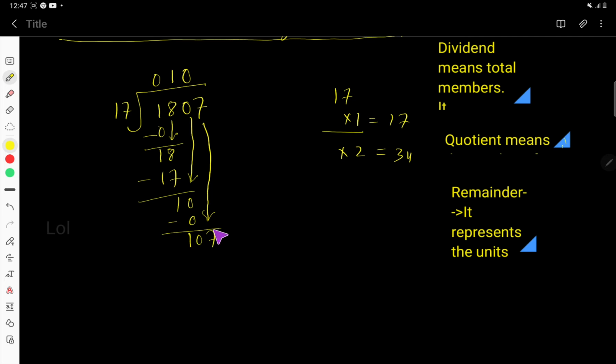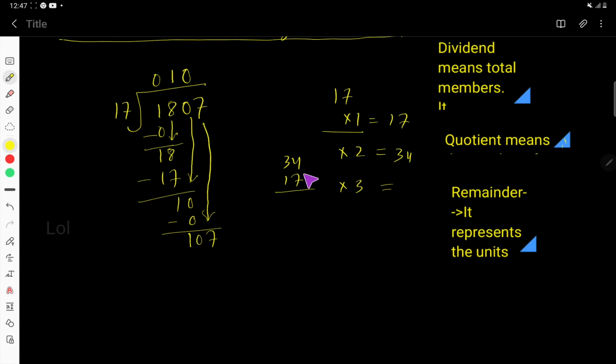So let us see, 17 goes into this number how many times? So let us write the multiplication table. 17 times 3 equal to what? Just add 17 with this result.